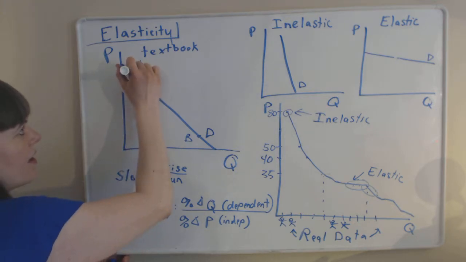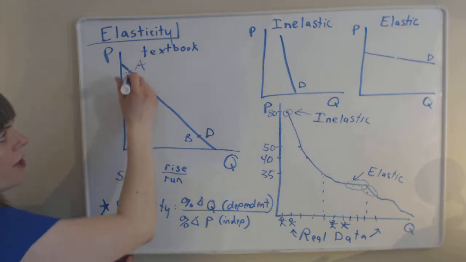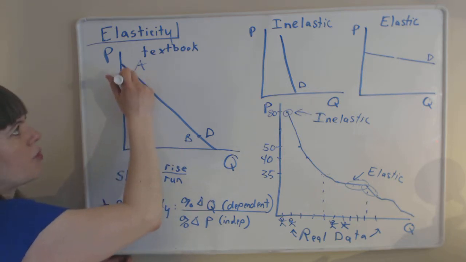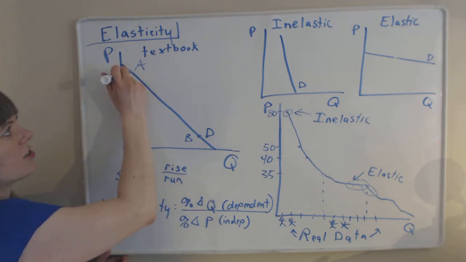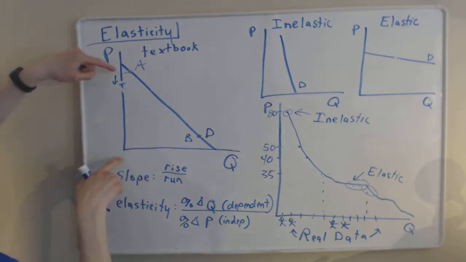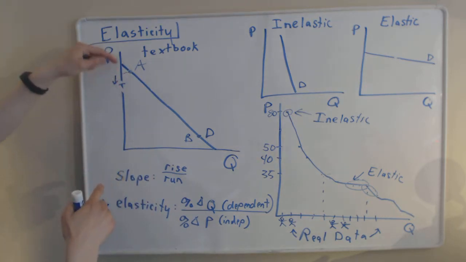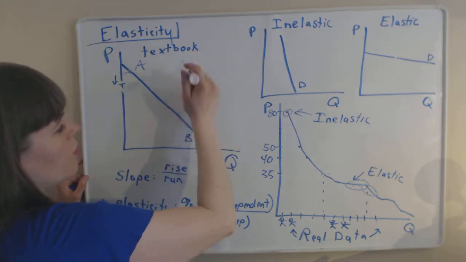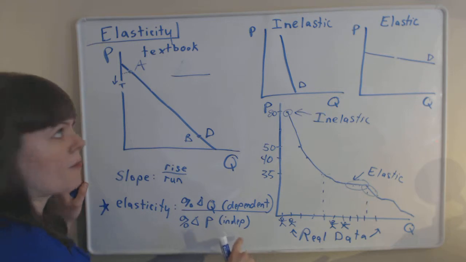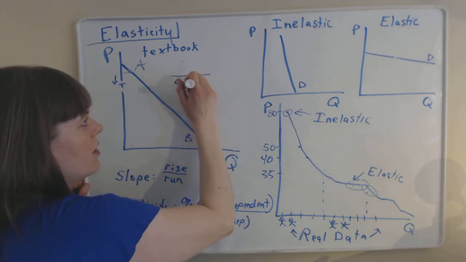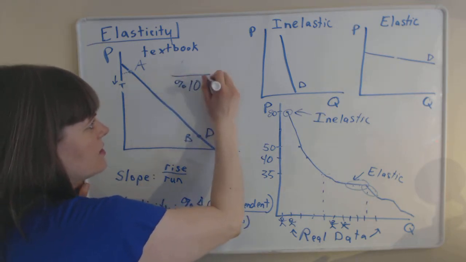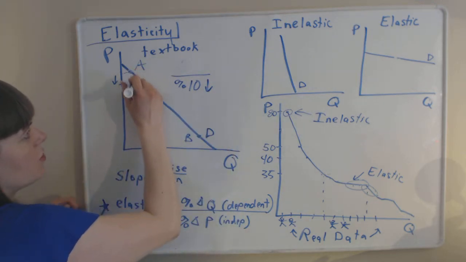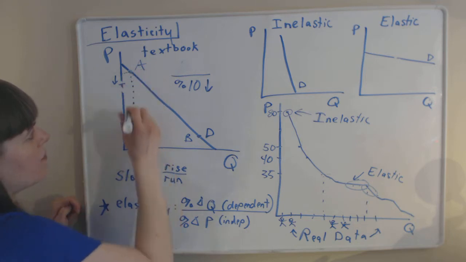At point A, if you're up here and you decrease the price by about 10%, if this is the total price, this is about a tenth. So we have a 10% decrease in the price, and we know that when we're talking about elasticity, price goes in the denominator because it's the independent variable. With a 10% decrease in the price, how much increase do we have in demand? We can actually map that.